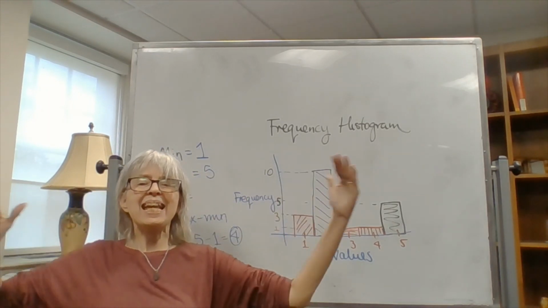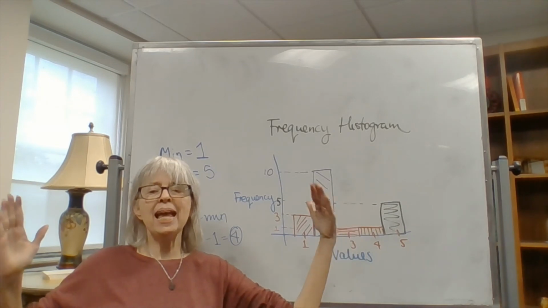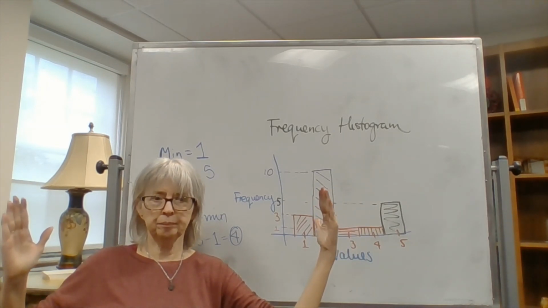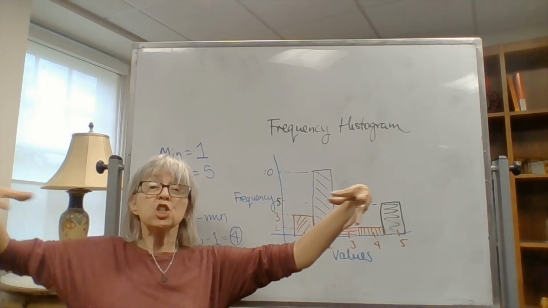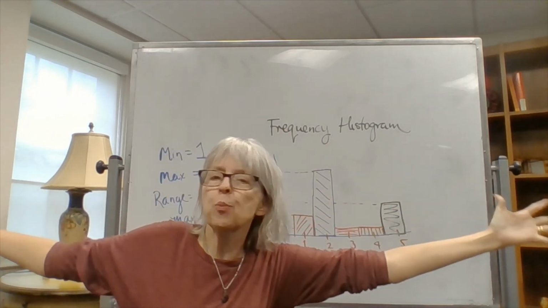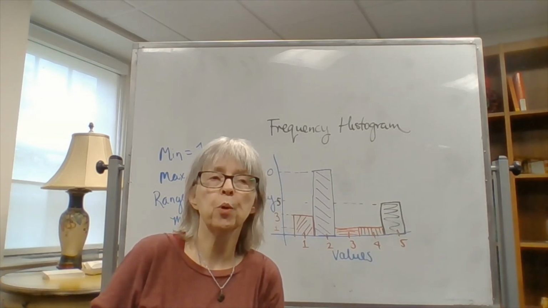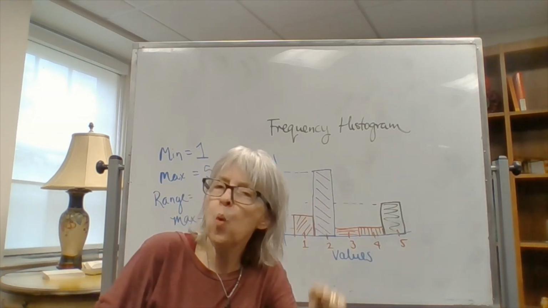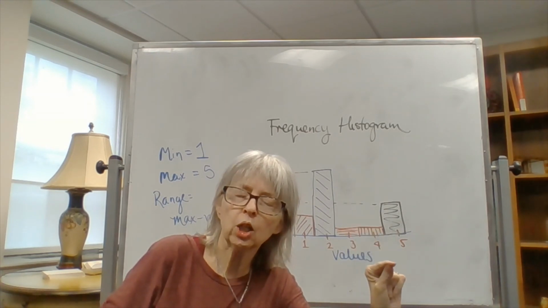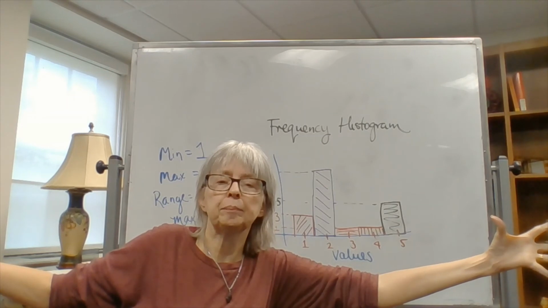All it does is tell me how far apart my min and my max are. So when the range is huge, all I know is I've got a spread out bunch of numbers. Range is a measure of spread. It doesn't tell you what the values were. It just tells you how spread out they are.